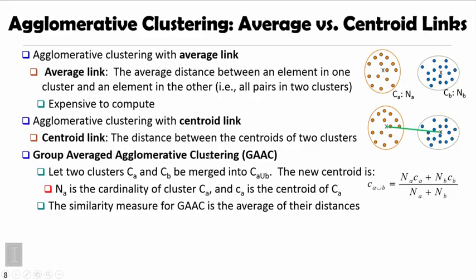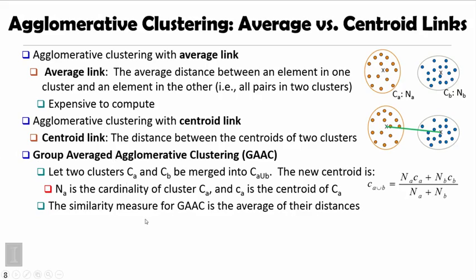If the two clusters C sub A and C sub B are merged into one cluster, C sub A union B, the centroid is defined by taking the centroid of C sub A times the number of elements in the cluster, plus the centroid of C sub B times its number of elements, and then normalizing. This is the GAAC measure.